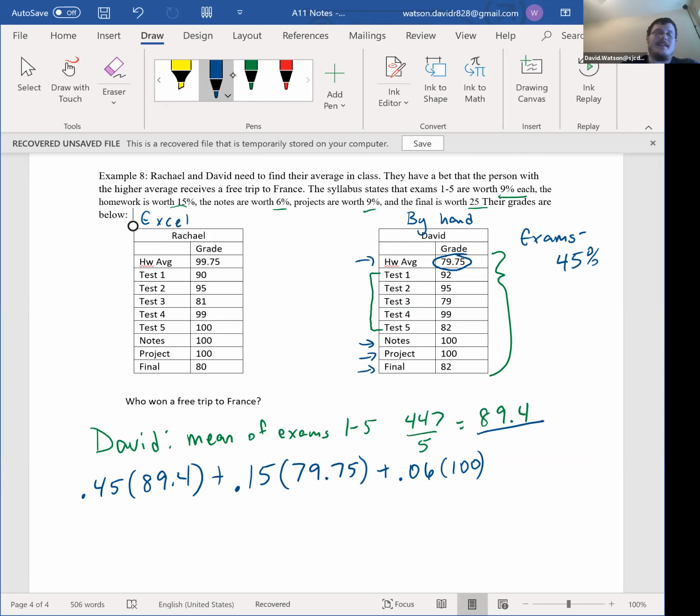Well, if you're seeing this, obviously you are, so good job. All right, 9% will be 0.09 times projects, which again was a 100. And then lastly, one more was 0.25 times the final, which was an 82.